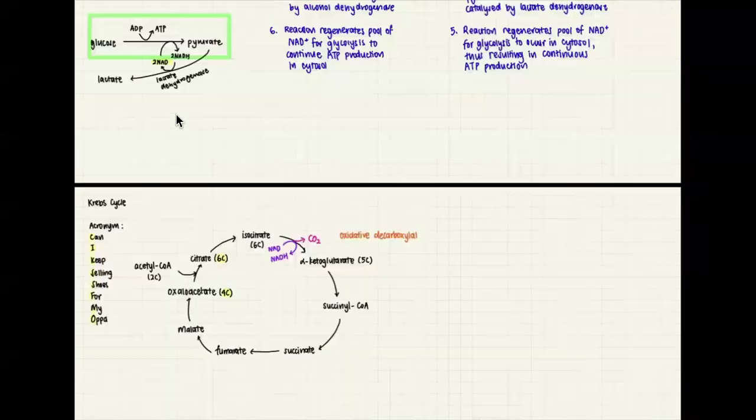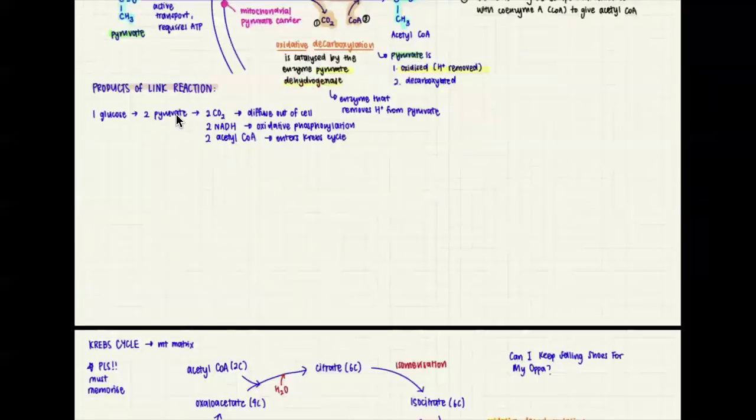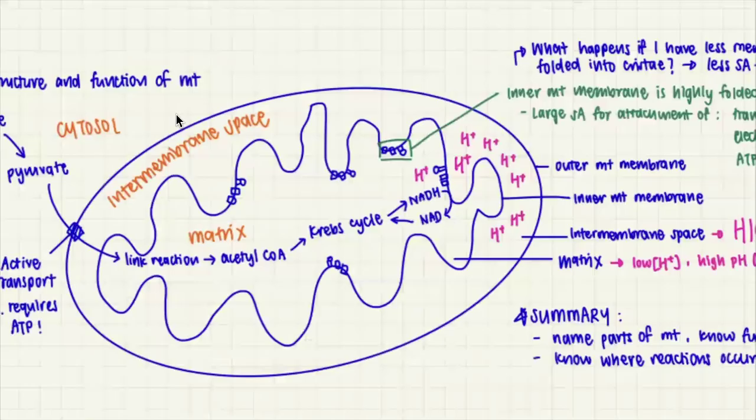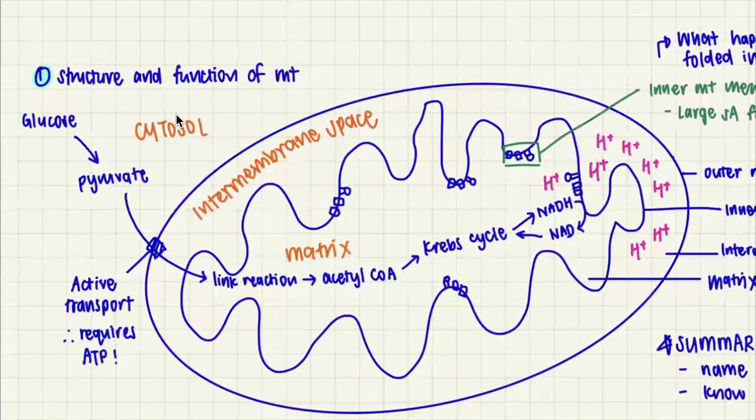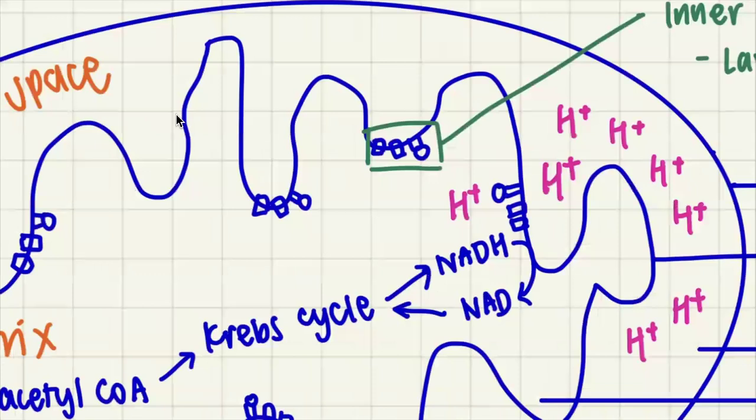So if you recall our structure diagram here, do you see your ATP synthase, right? The turning head, the circle part, is facing your matrix.